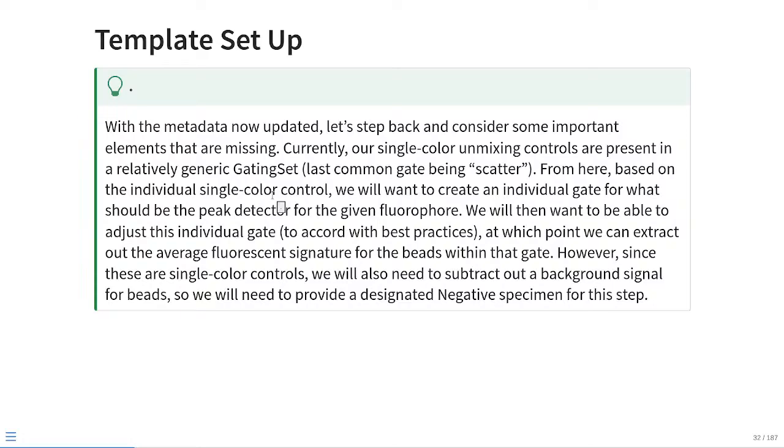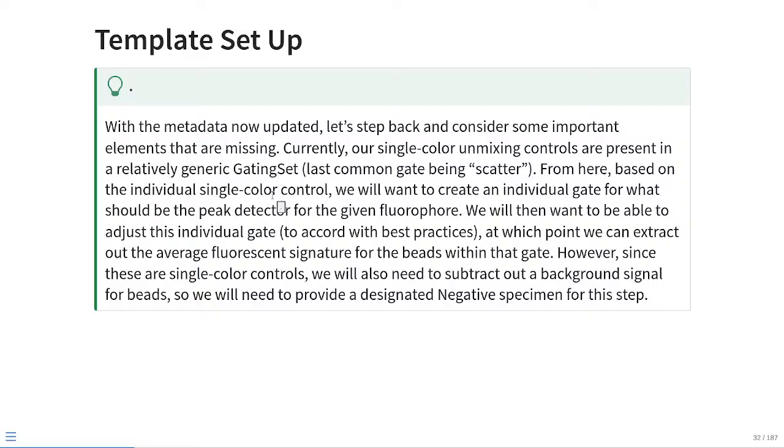The last common gate that they all have in common with each other is the scatter gate. So from here, based on the individual single color control, ultimately, if we're trying to extract out a signature, we're going to want to create an individual gate based off of that peak detector for a given fluorophore being in the x-axis position.